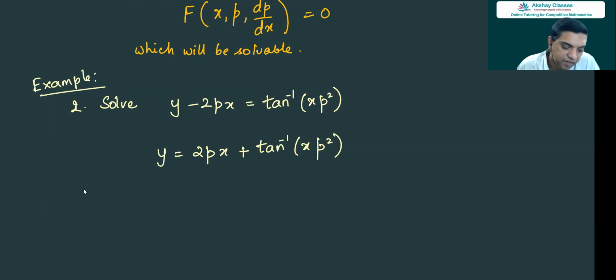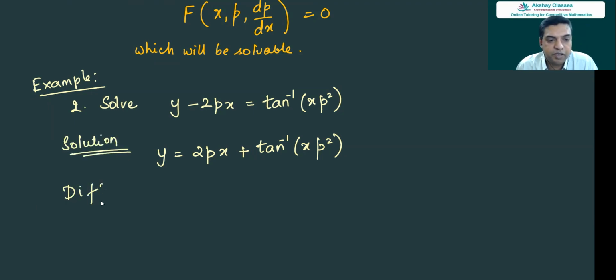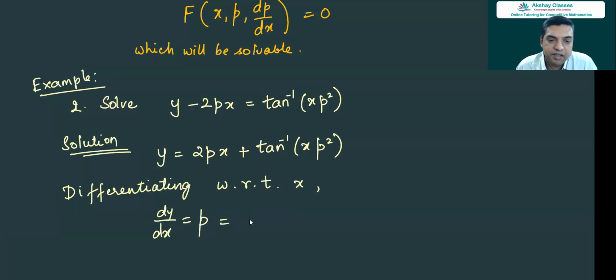now differentiating with respect to x, we get dy by dx on the left hand side, which is equal to p. Now this p is differentiable and this is differentiable.